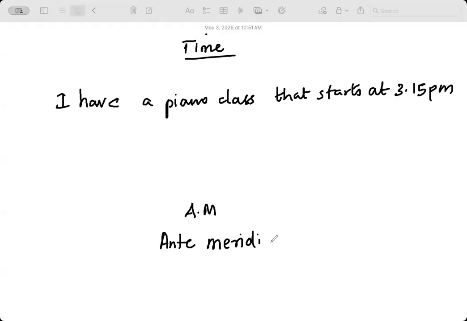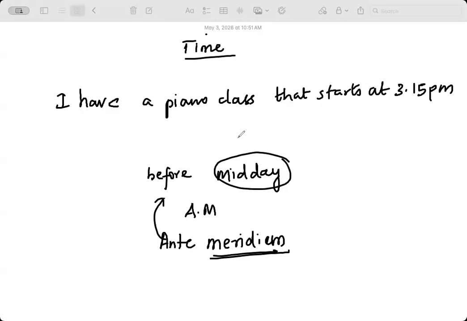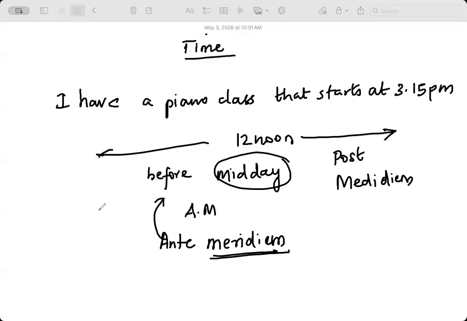AM stands for anti-meridiem. Anti means before. Meridiem refers to midday, 12 noon. You got it? Anything after is post. Post means after, post midday. Anything before this is before midday.